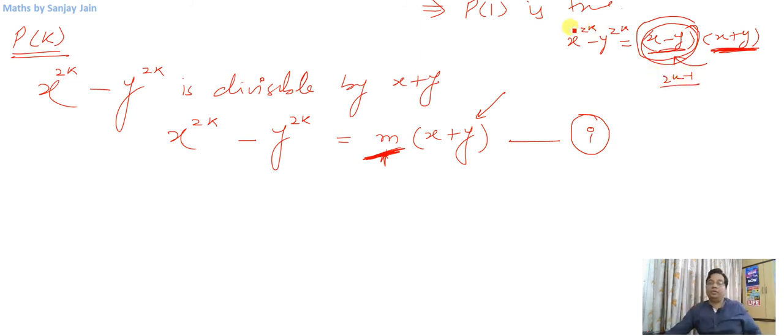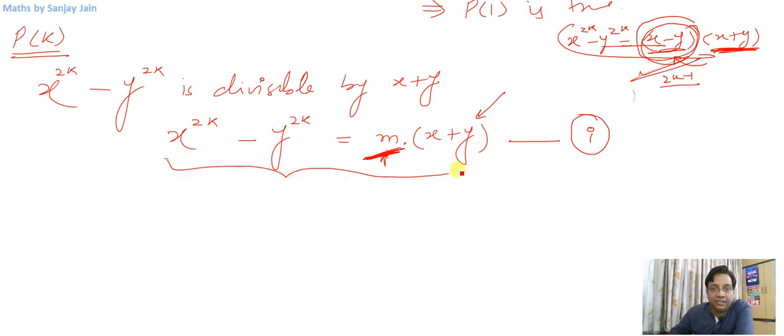I hope you understand this much, or you can simply assume it to be equal to some m into x plus y. Now m may or may not be an integer here, right? That is why I gave this clarification, because this is a polynomial expression. So you don't have to write that m is an integer. Alright, so this is divisible by x plus y. So I made this statement here.